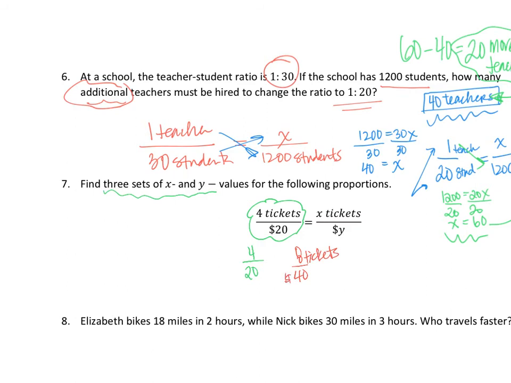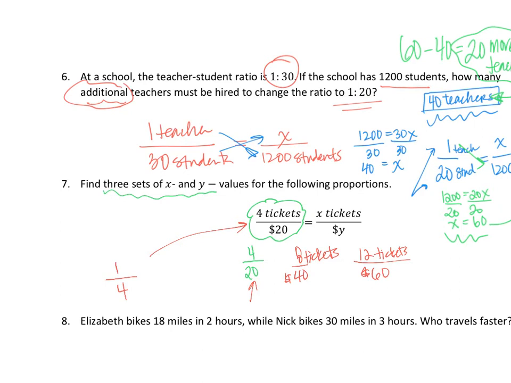And then I could triple the original. So if I triple the original guy, 4/20, that could be 12. So I have 12 tickets for every $60. And so we're really saying the ratio of tickets to dollars, if you think about it, 4/20 can also reduce kind of the other way. 1/4.